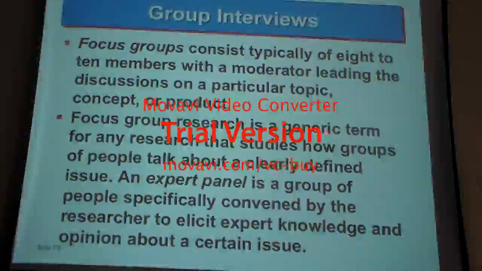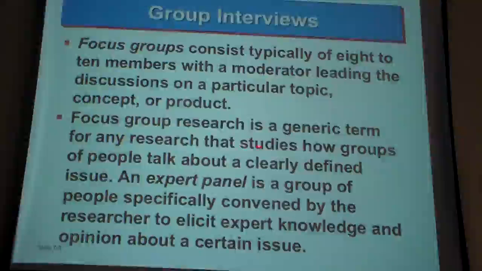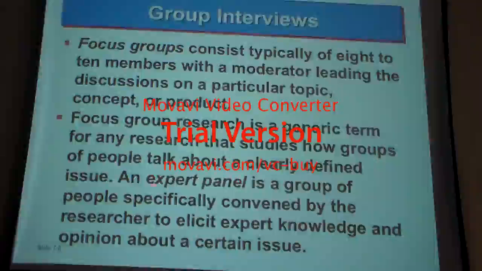Focus group research is a generic term for any research that studies how a group of people talk about a clearly defined issue. An expert panel is a different kind: a group of people specifically convened by the researcher to elicit expert knowledge and opinion about a certain issue.